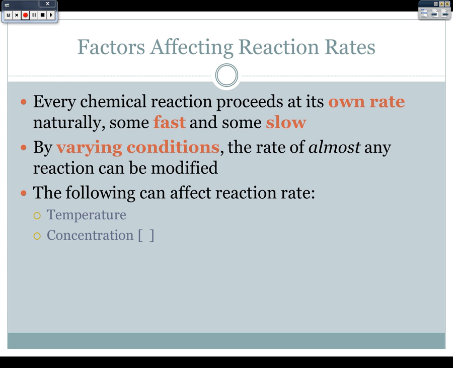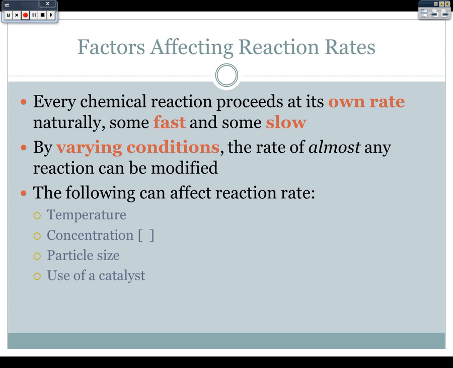And in the future, I will be using those brackets if I'm talking about concentration. It's a nice little shorthand chemists use. So if I have a number in those brackets, I'm usually talking about a concentration. And sometimes I shorthand concentration to those brackets because it's a really long word. You can also affect reaction rate by changing the particle size and by the use of a catalyst.